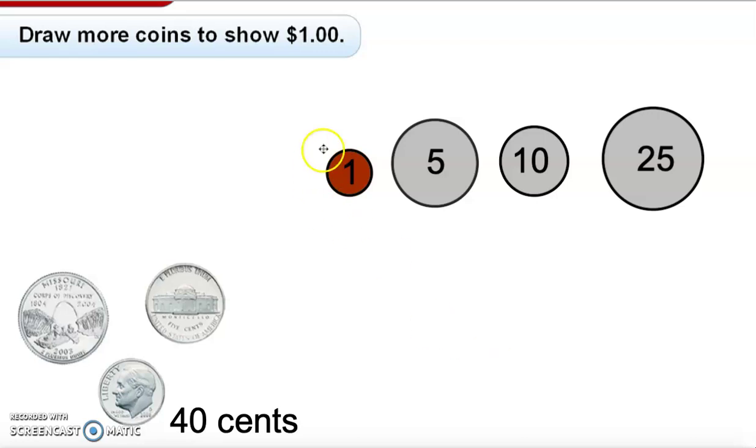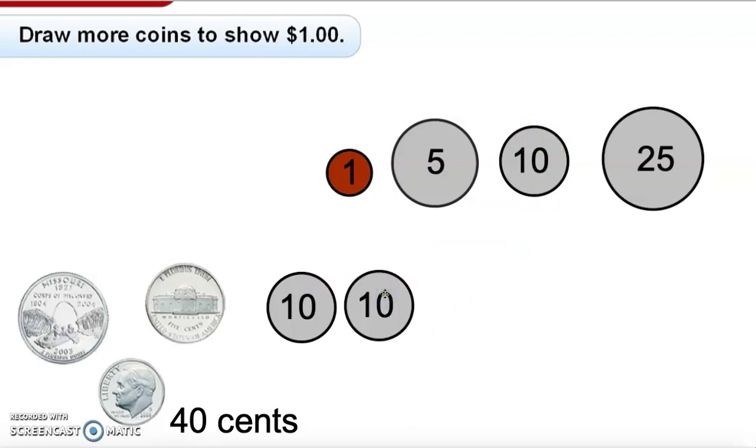So I'm going to use some of the coins over here that I made. So obviously the 25 is the quarter, this is the dime, this is the nickel, and this is the penny. So I'm going to try and make 60 more cents and add it to my 40 cents here to make $1. So if I have 40 cents, let's say I add another dime, right? So now I have 50 cents. If I add another one, I have 60 cents.